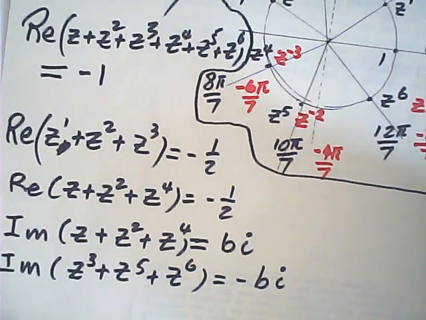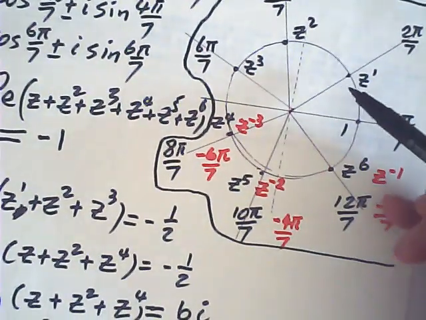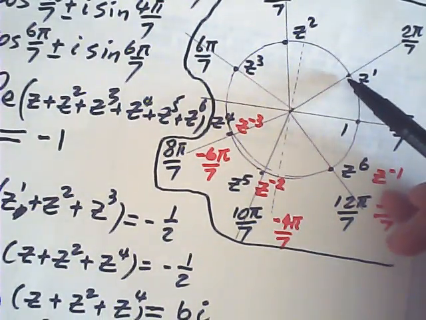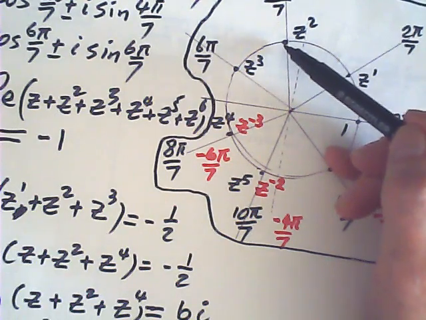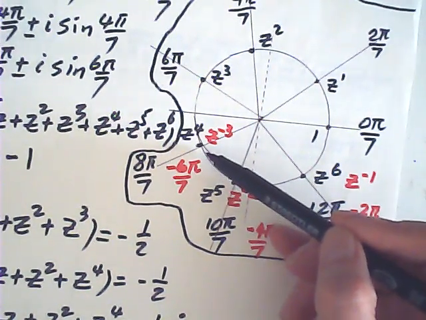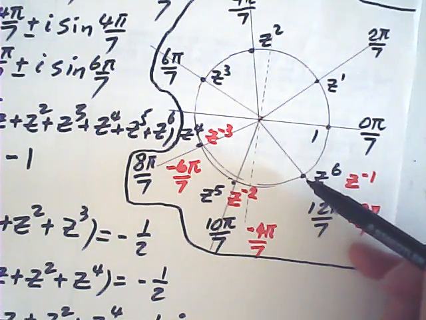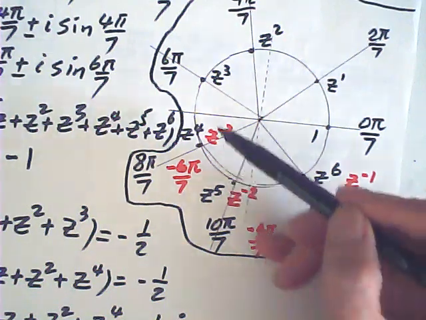Well, you see, the picture explains everything. This complex number, this complex number, the imaginary parts, the sum is equal to the negative of this and that.